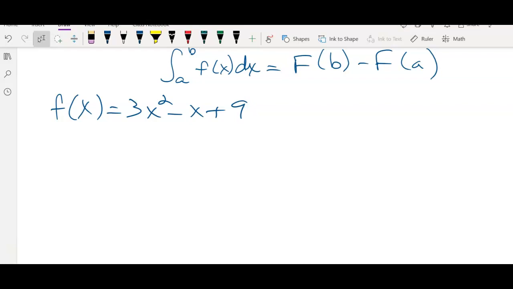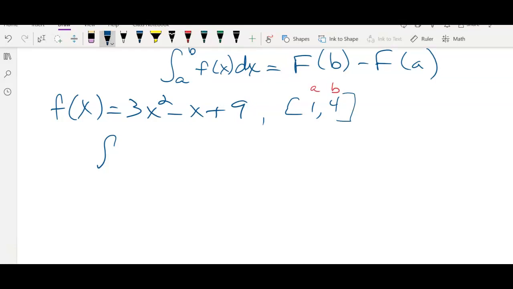All right, so let's do it. We want to do the integral. What was the interval? Okay. So when we do 1 to 4, this is our A, that's our B, correct?